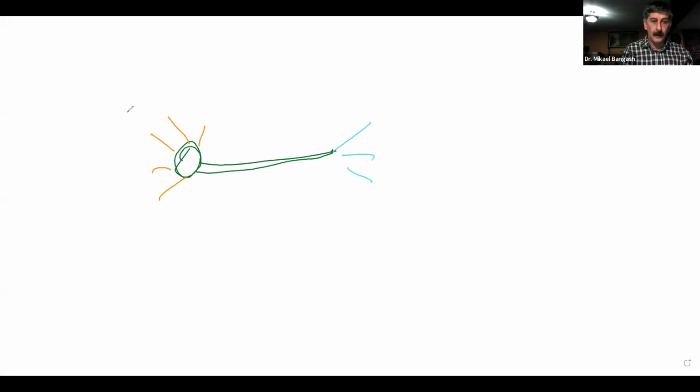Now, likewise, this neuron here is going to receive its signals from the dendrites, at the dendrites, from terminal branches from other neurons. Likewise, this neuron here is going to transmit its signals on to dendrites of other neurons. Did that make sense?